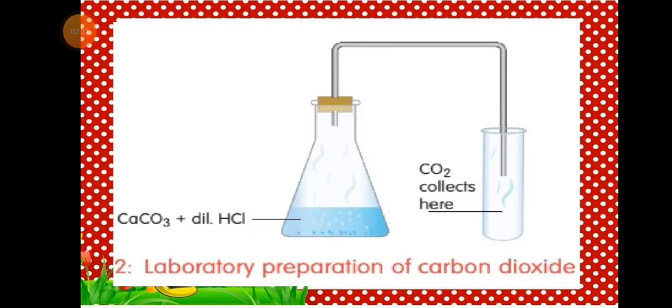It gives some information about how this experiment is carried out. Then we place the other end of the tube in a boiling tube, and when you see the gas coming out of the glass tube into the boiling tube, you pour some lime water into the boiling tube. You would see changes in the lime water.